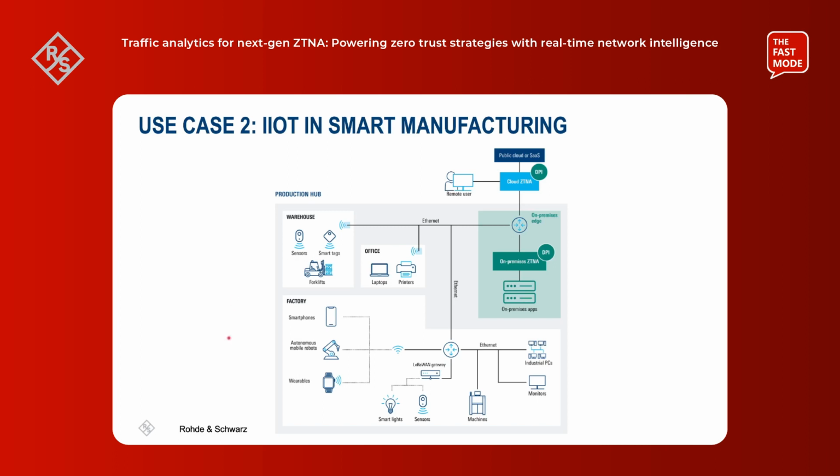So, what are the benefits? Using DPI in combination with ZTNA workflows, we are able to identify unauthorized IT devices and OT assets like remote terminal units or PLCs, programmable logic controllers.